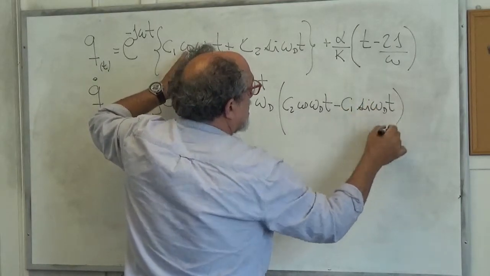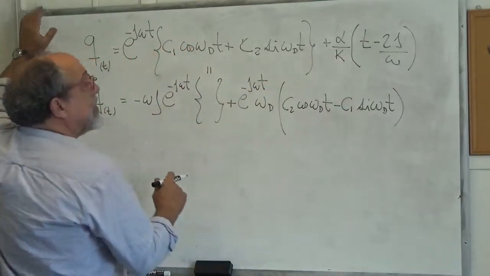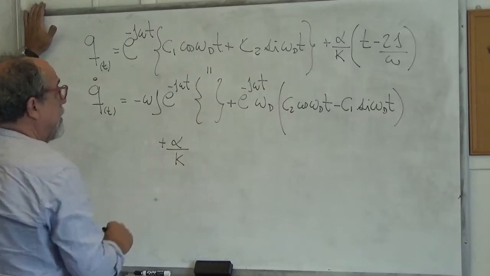Same as always, same as before. And that is this part, and then I take the derivative of this, which is plus alpha over k, right?